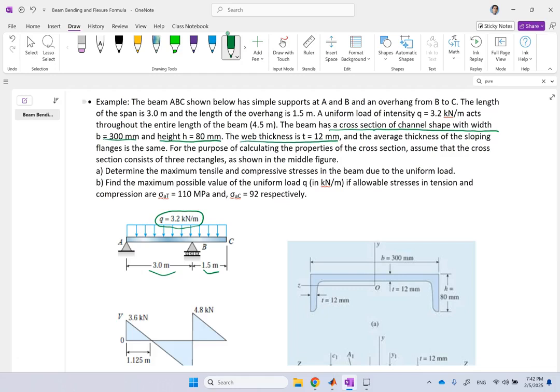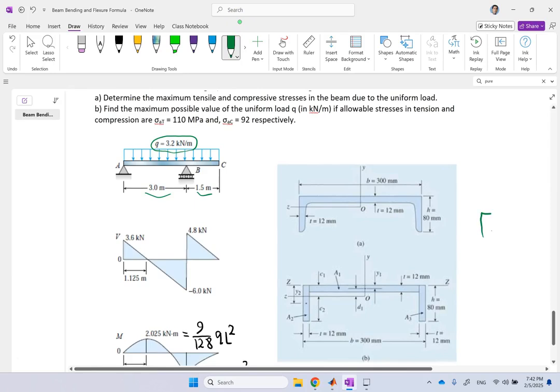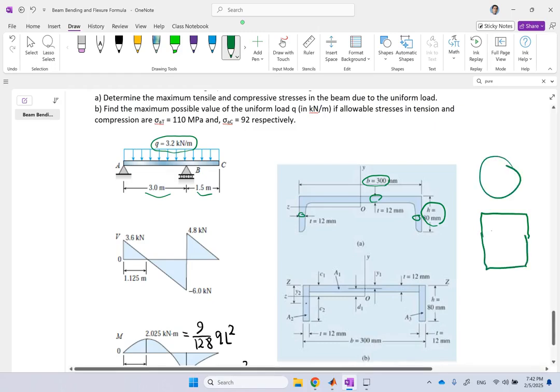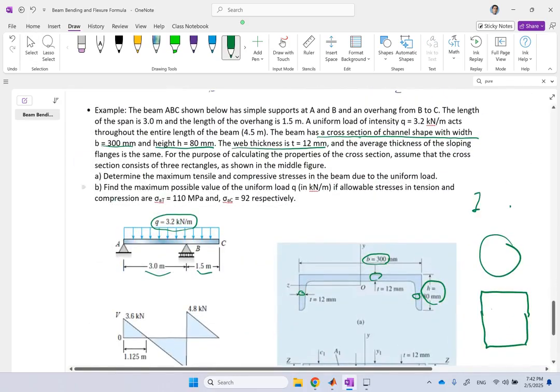So what does channel mean? It's also called the C cross section, or U some people call it. So if you look at it, it's like this, and this is the b, this is the h, and the thickness anywhere is 12 mm. So the cross section is not a simple rectangle or a simple circle for which we have the S. We have to find the I zz and the y max or y min in this case.